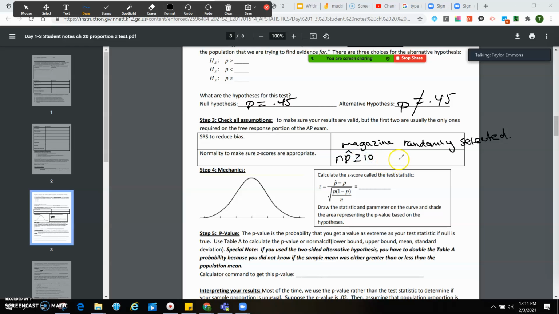So our sample was 161 times 0.45, and we're seeing if that's greater than or equal to 10, which it is. And then we also want to check the other way around. So n times 1 minus p hat, is that bigger than or equal to 10? So 161 times 0.55, and that's bigger than or equal to 10. So those are both good.